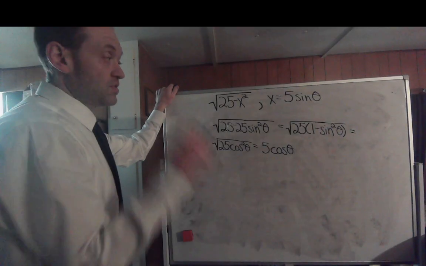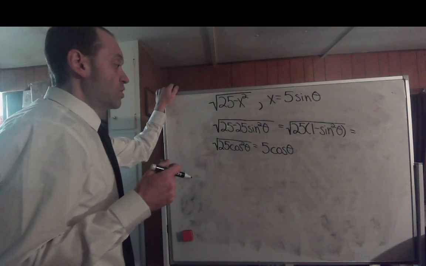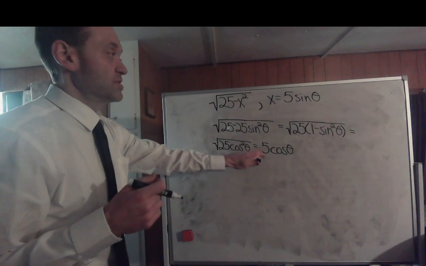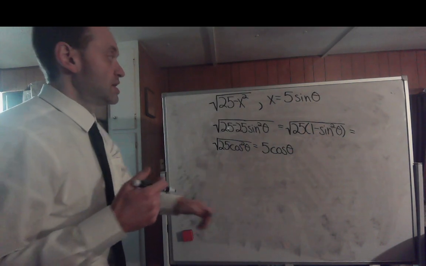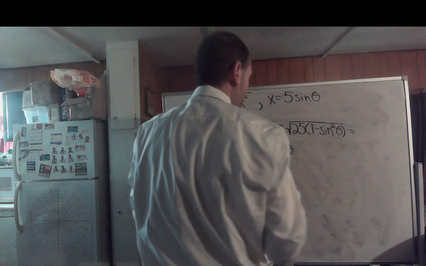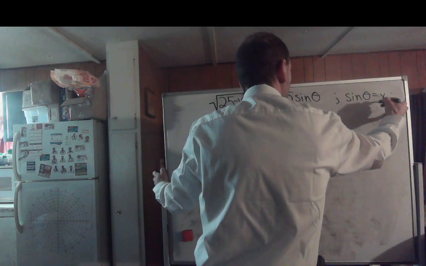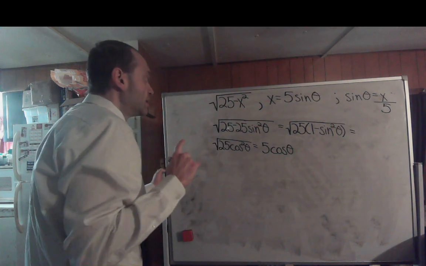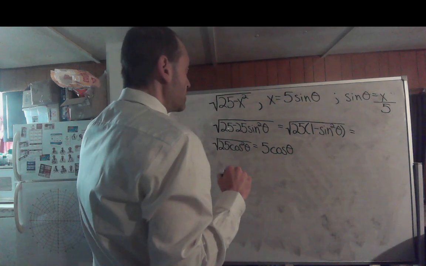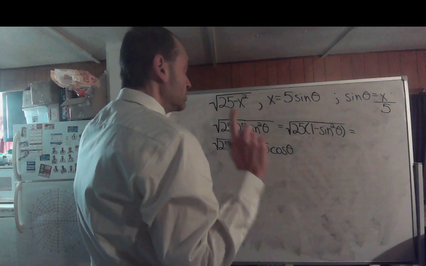Okay, well, here's the thing. We need to solve for this in terms of x. So x was equal to 5 sine of theta. That would mean that the sine of theta equals x over 5. So let's see here.